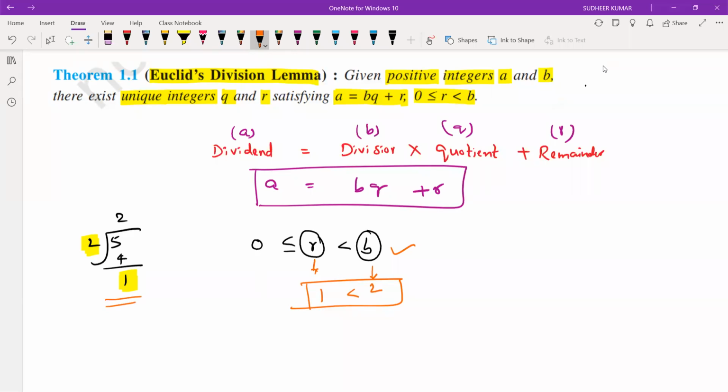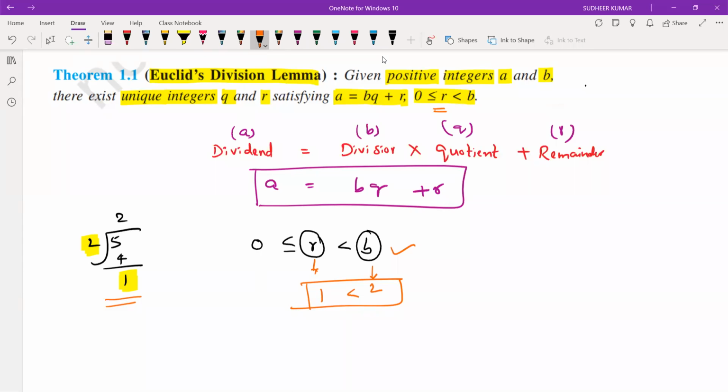Even remainder 0 can be taken. If the remainder is 0 or less than the divisor, then the division is completed. So a equal to bq plus r, where 0 is less than or equal to r less than b. The condition is very important.